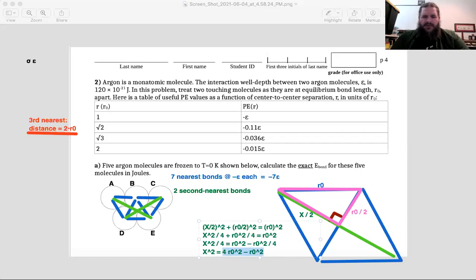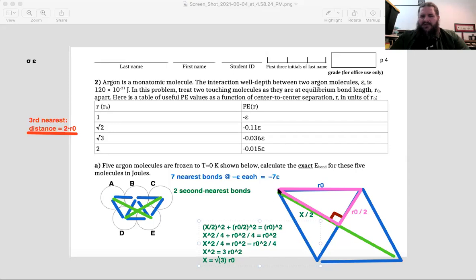And then we can combine those like terms to get how much? Yeah, that'll just be 3 R naught squared because we got 4 of them minus 1 more. And at that point, we can take the square root of 3 R naught squared. And we can split up the square root into square root of the first thing times square root of the second thing. Square root of 3 is just square root of 3. Square root of R naught squared becomes R naught.